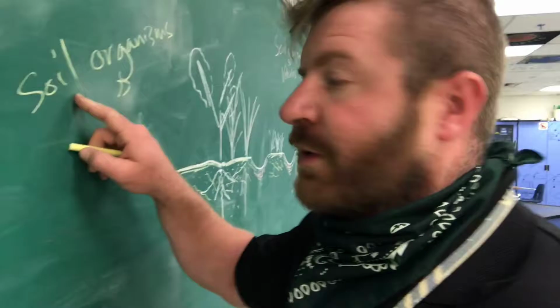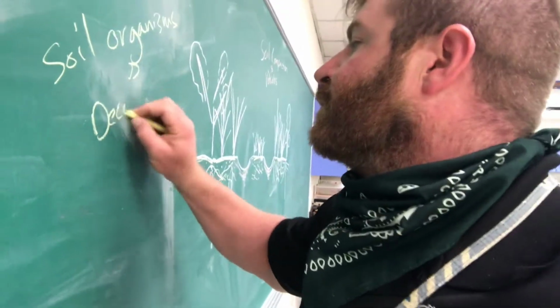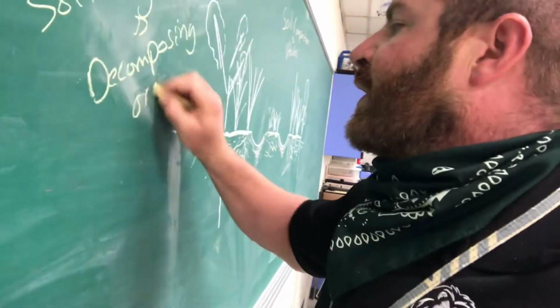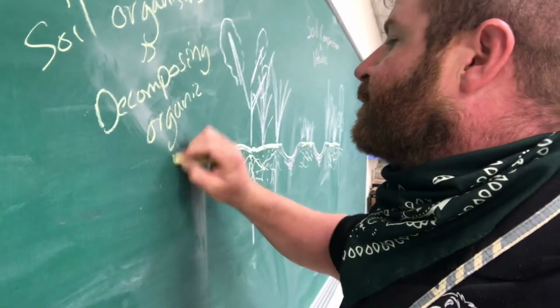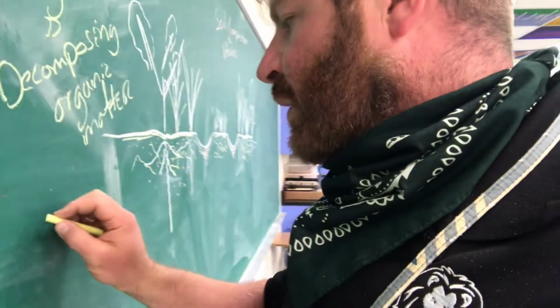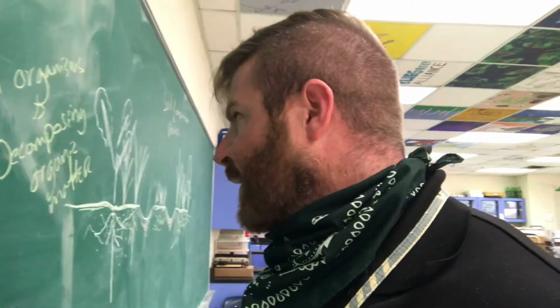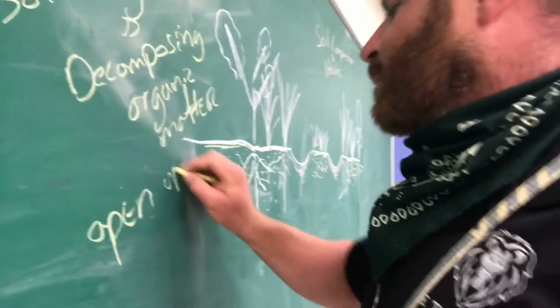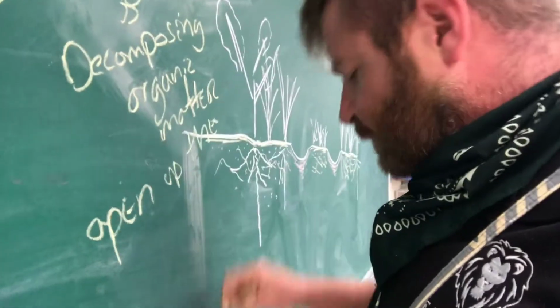Soil organisms in decomposing organic matter leave giant pores. I'm trying to think of how to say this in a way that's not going to run me out of room. Well, let's just say what it is. It opens up the soil matrix.